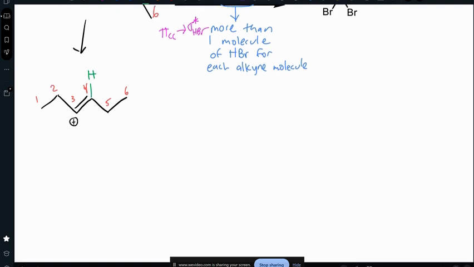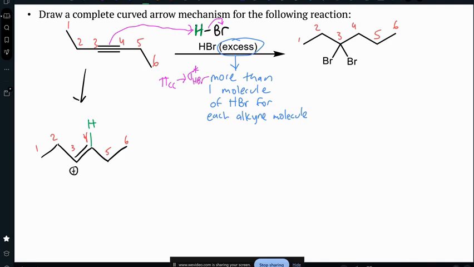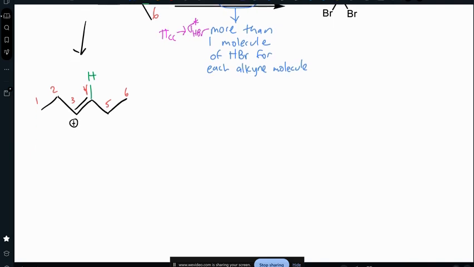But in this case, where we're reacting with the very strong acid HBr, we are able to form this vinyl cation. And now my second step is going to be to note that a carbocation falls in love with the first nucleophile it sees, which in this case is going to be the bromide ion.